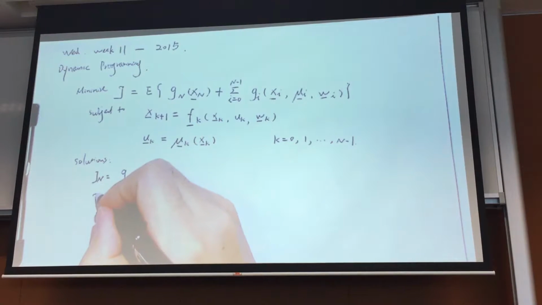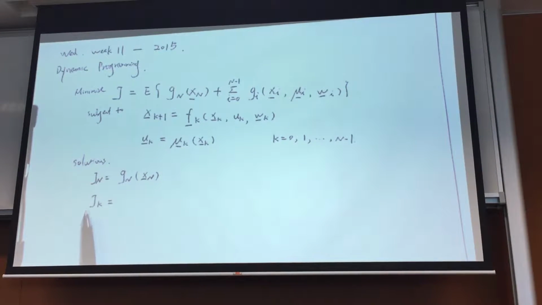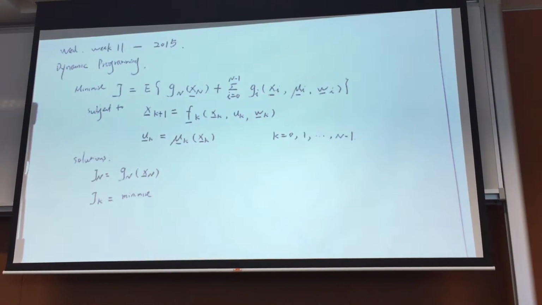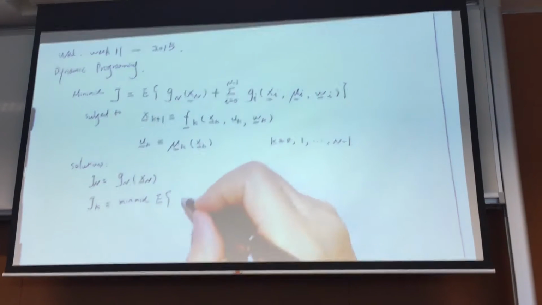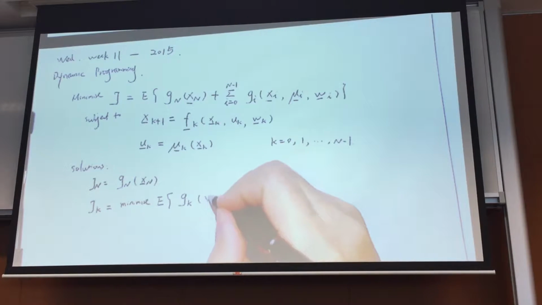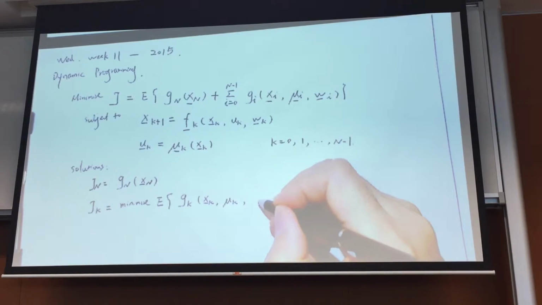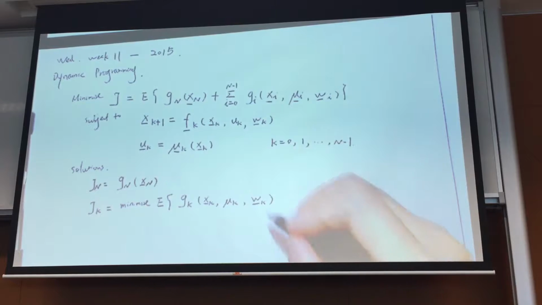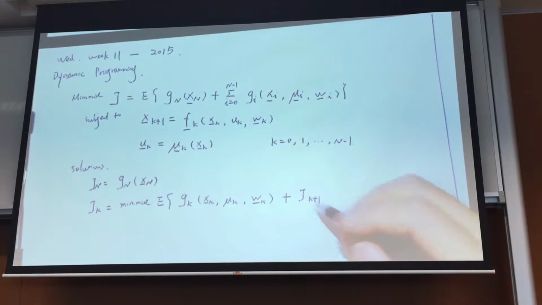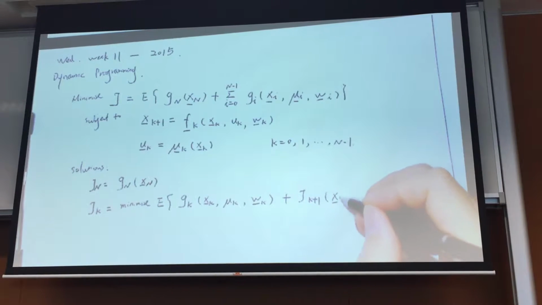And the second equation is the iteration equation. We only make optimization in one step, so we only optimize the step k, plus the optimal solution from the next state, from the state of k+1 to the final state of n.